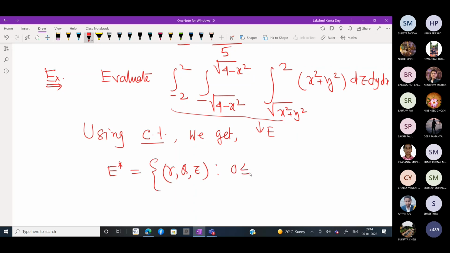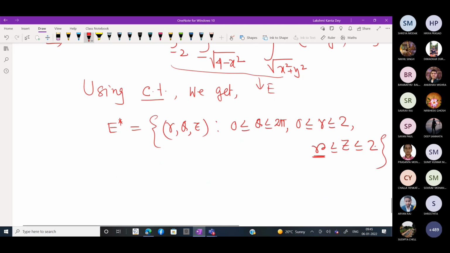Theta will be 0 less or equal to theta less or equal to 2 pi, full rotation. R is up to 2, and z is in between. The maximum is 2, the minimum is z equal to r, because x squared plus y squared equals r squared, so the square root is r. So r is the minimum limit for z.